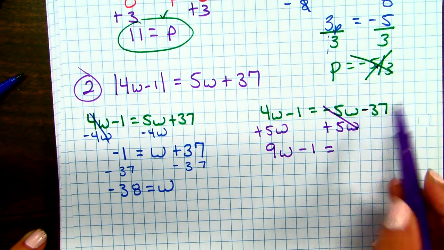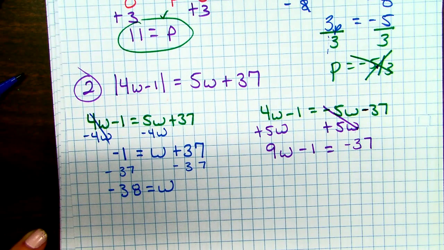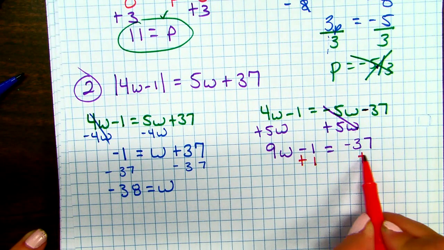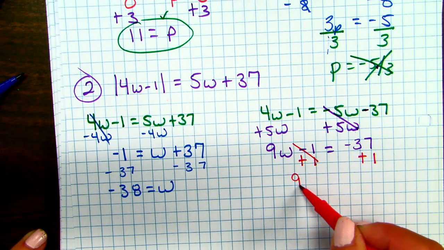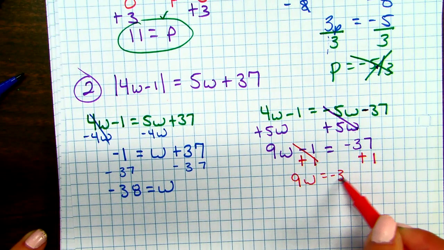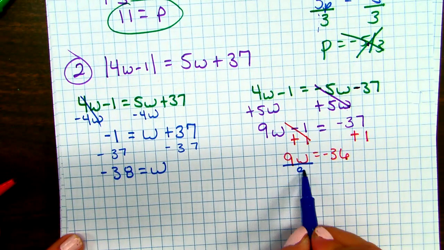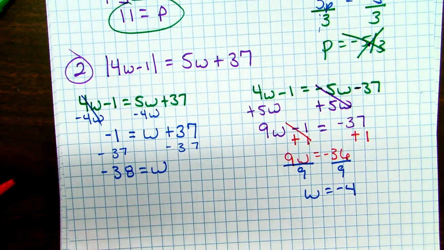Don't lose this negative. Okay, so I get my 2 solutions. Anybody have a question about how I got either of those answers?